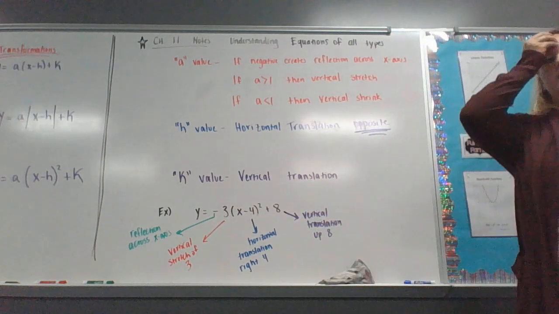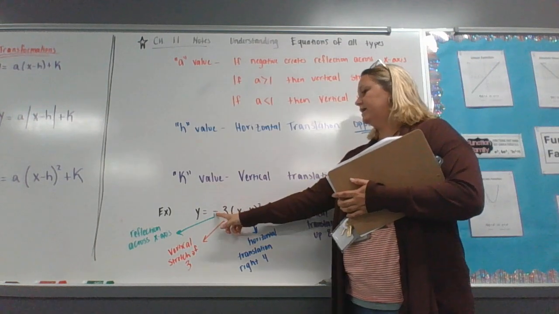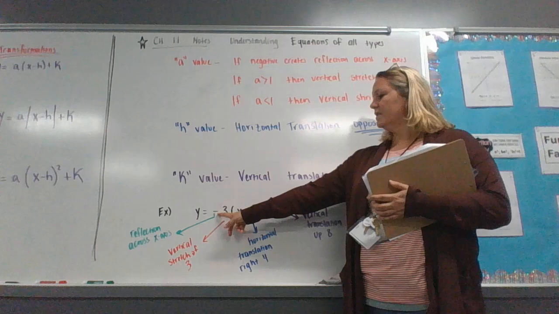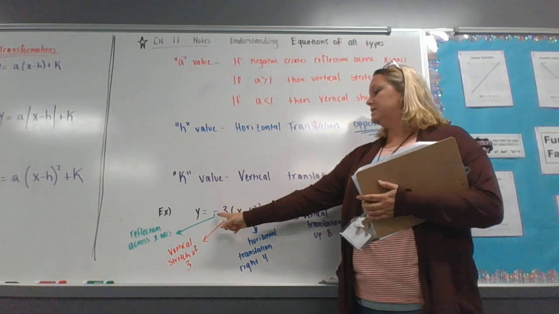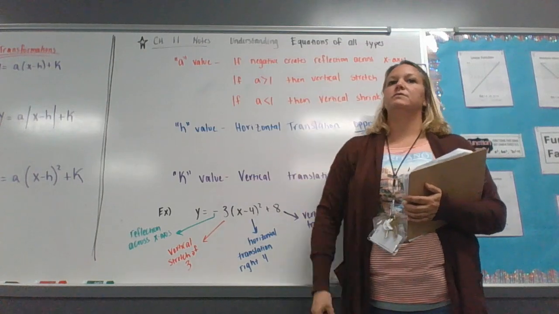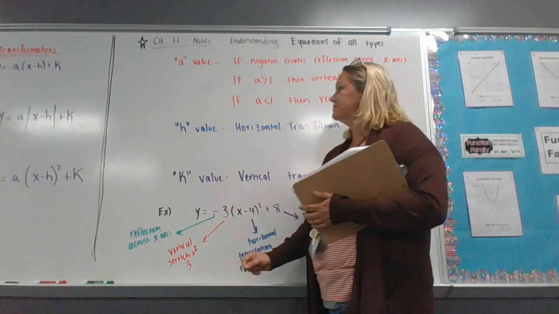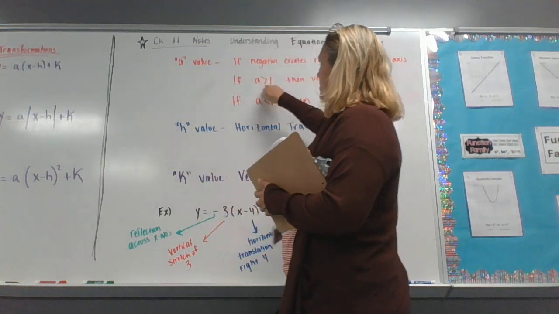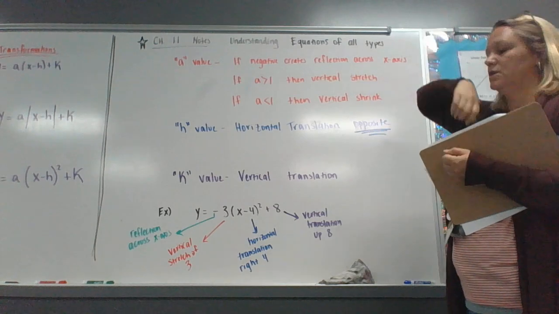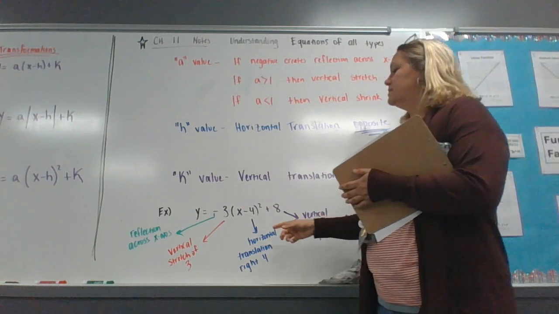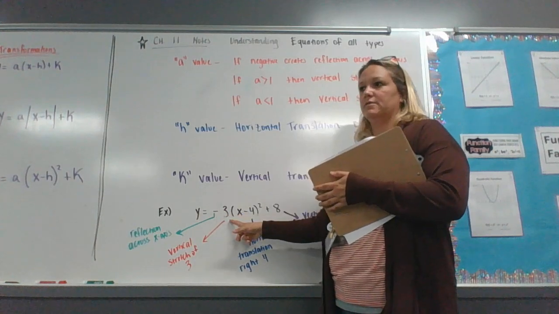So I'm picturing a parabola already when I look at it. The negative sign means that the parabola, the arrows are going up in the parent function, but since there's a negative sign, I'm picturing the arrows going down. The A value is 3. This says for A values that are greater than 1, there's a vertical stretch. So it's been stretched vertically. So I'm picturing a skinny parabola that's flipped over.